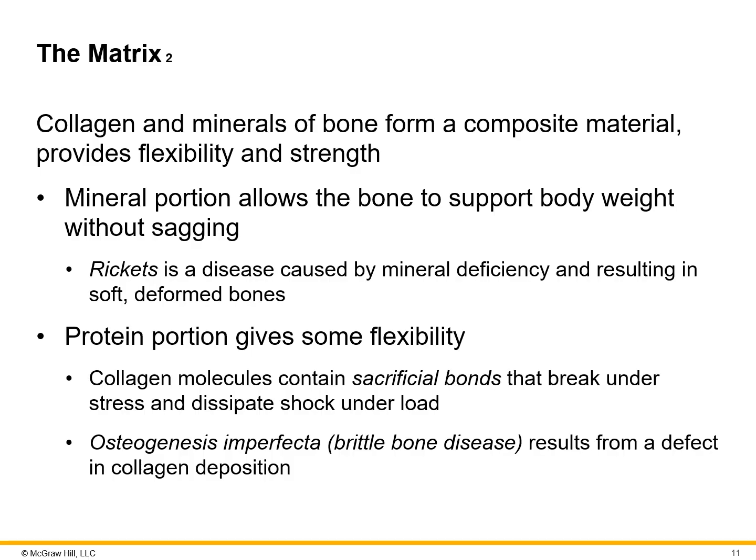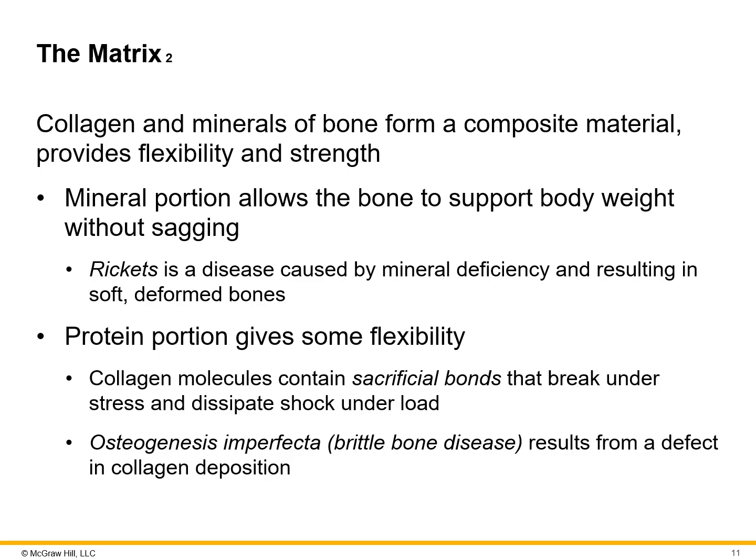The minerals will enable the bone to support the weight of the body without sagging. When the bones are deficient in those minerals like calcium salts, they are then soft and bend easily. If you were to soak a clean, dry bone like a chicken bone in vinegar for a few days, the acid in the vinegar will dissolve the minerals and the bone becomes flexible and rubbery.